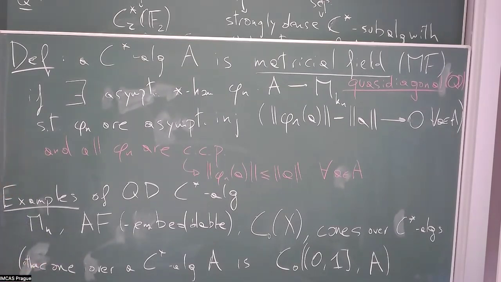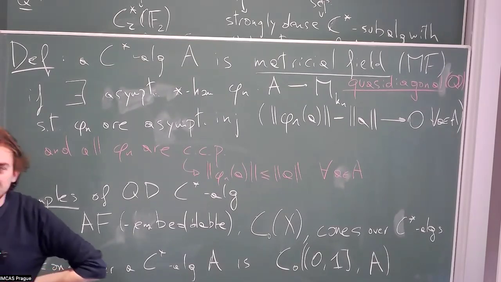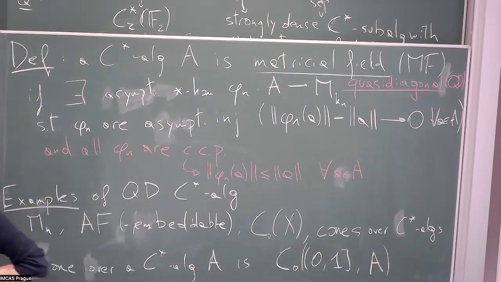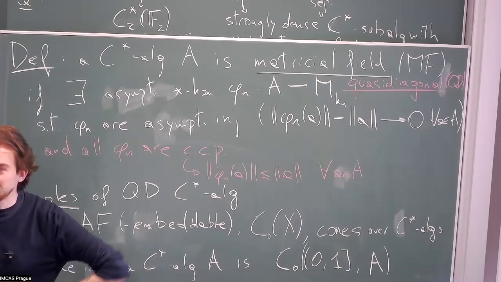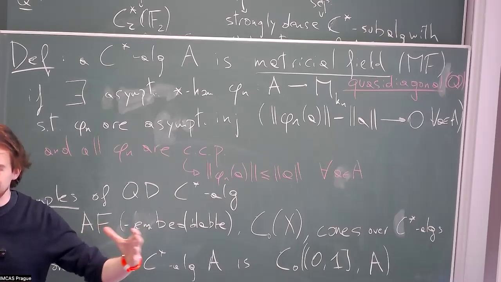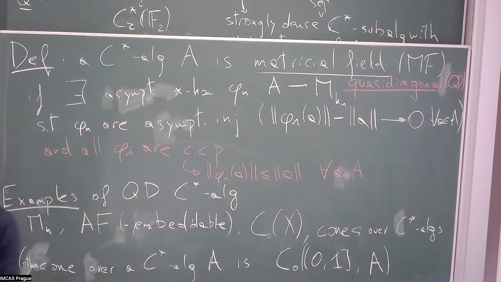Typically, the sequence k_n will tend to infinity because unless you are already a finite dimensional C*-algebra, you need a larger space than just matrices to find these sorts of maps.